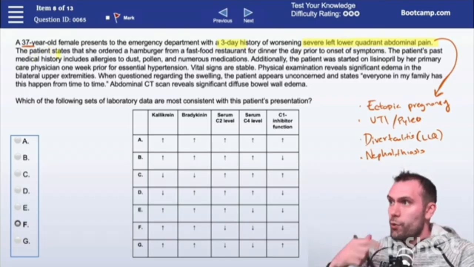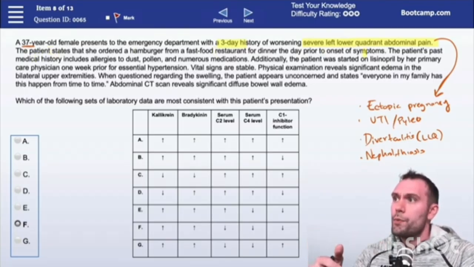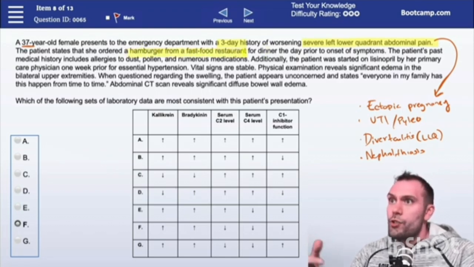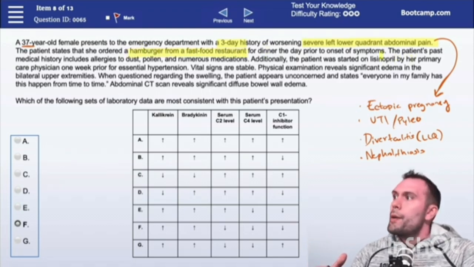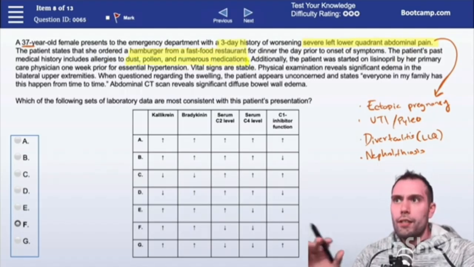So the patient states that she ordered a hamburger from a fast food restaurant for dinner the day prior to onset of symptoms. Okay, so that might be relevant potentially. E. coli potentially as an infectious cause. The patient's past medical history includes allergies to dust, pollen, and numerous medications. Okay, so they're giving us a lot of information from some different areas here.